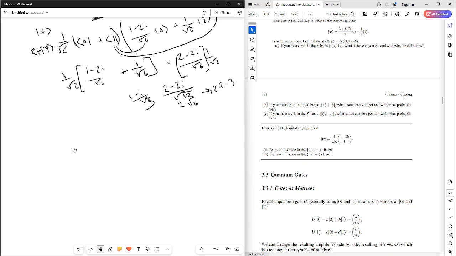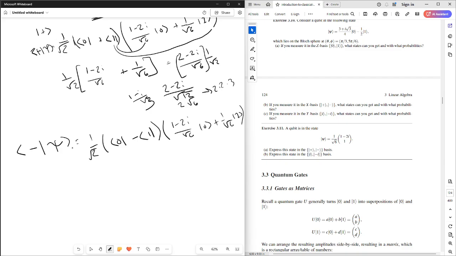And then similarly, to find it in the minus, we would just follow the same thing. So we've got 1 over square root of 2, bra 0 minus bra 1, times 1 minus 2i over square root of 6, 0 plus 1 over square root of 6, 1. Bring things through.